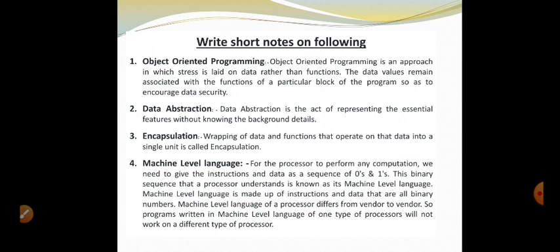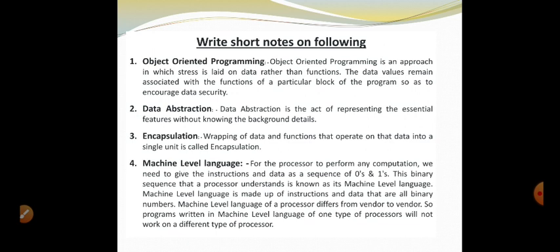Machine level language of a processor differs from vendor to vendor. So programs written in machine level language of one type of processor will not work on a different type of processor. So this is the definition of machine level language.